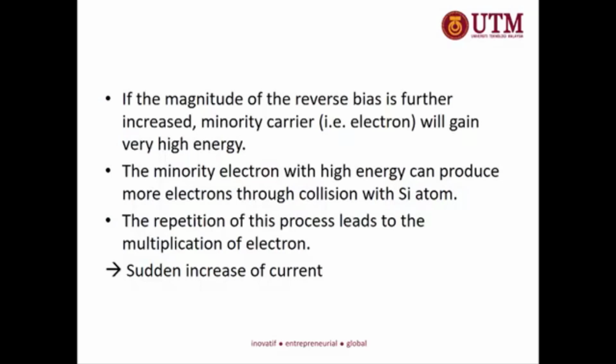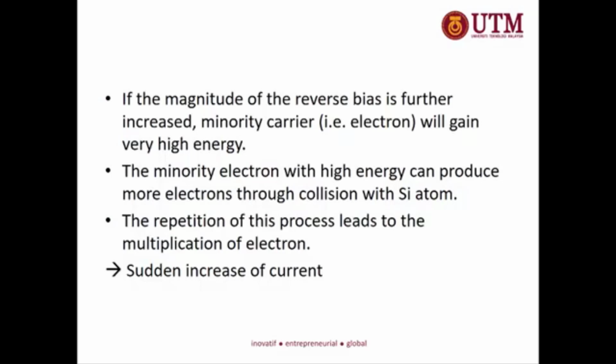But in this case, when the free electron has high energy, the electron will collide with the atom, and the collision will produce more electrons. The electron inside the silicon will be released after the collision. So then there will be more electrons.